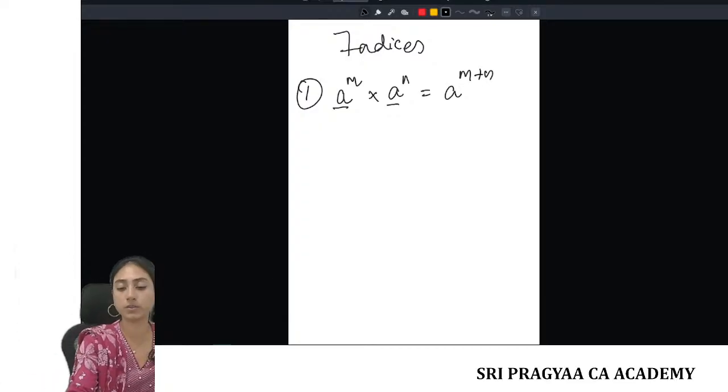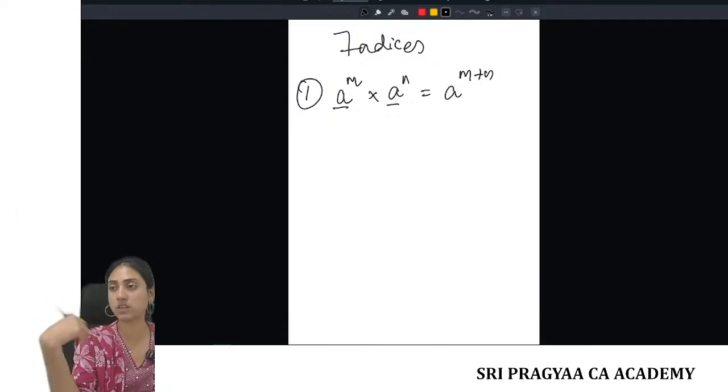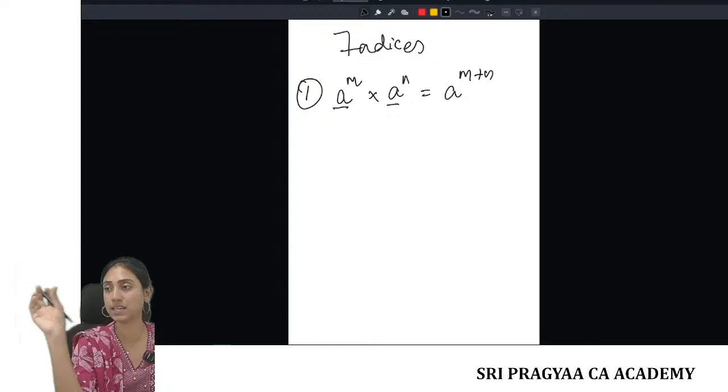Here the important thing to note is the base is the same. Everywhere, whatever rules we are going to look into, the base will be the same.